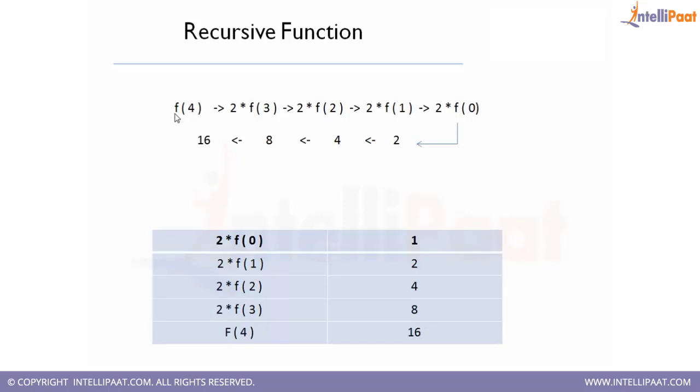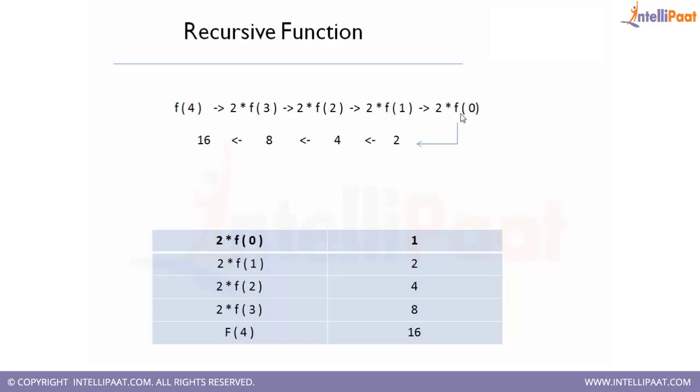So for example, we'll be calculating f of 4. f of 4 will call 2 into f of 3, which is f of n minus 1. f of 3 will call 2 into f of 2. f of 2 will call 2 into f of 1. f of 1 will calculate 2 into f of 0. f of 0 will return 1.